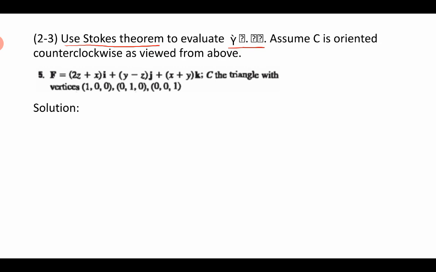What is this? This is nothing but the single integration over the curve C, F dot dr. Assume that C is oriented counterclockwise as viewed from above. This is the question given here.